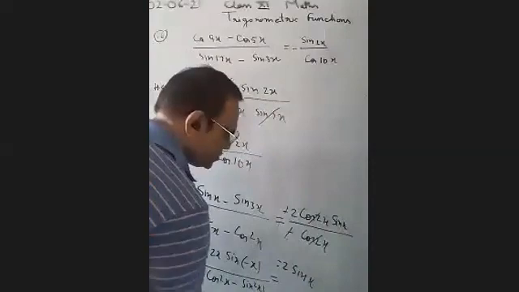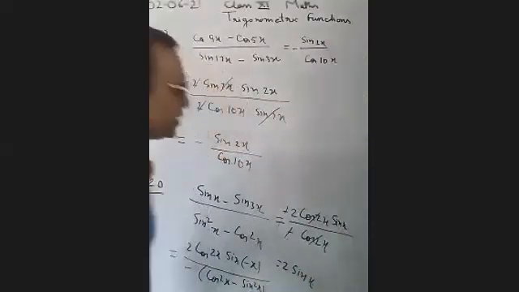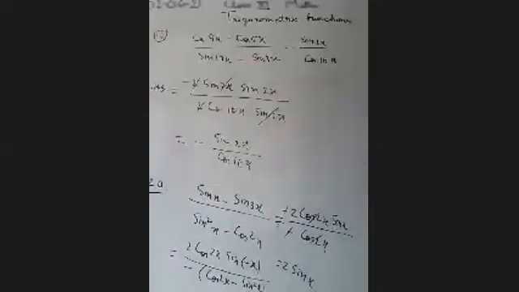So what we have to prove? We have to prove 2 sin x. The only difference is that in the denominator we have not used the CD formula, but we have used cos square x minus sin square x.